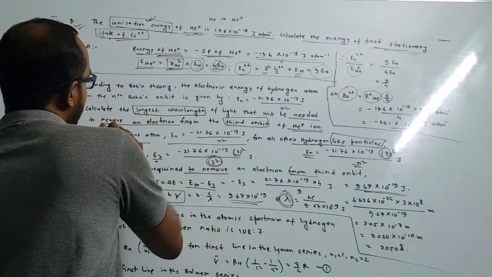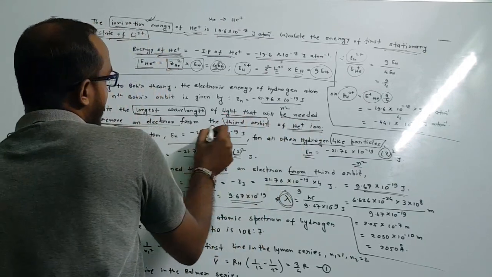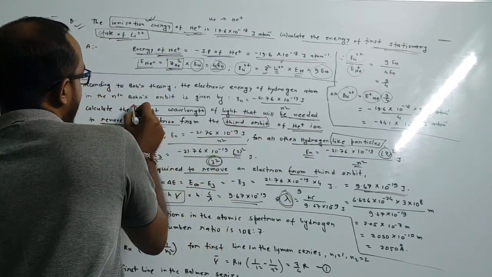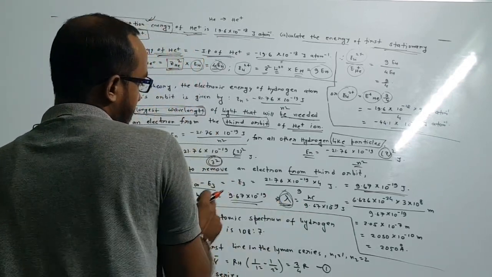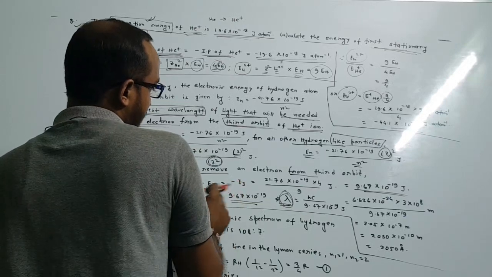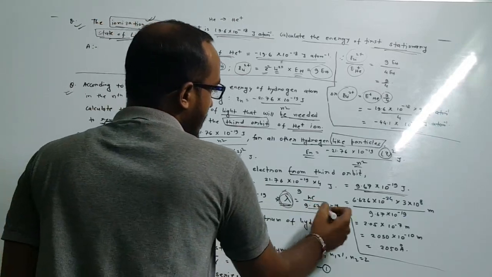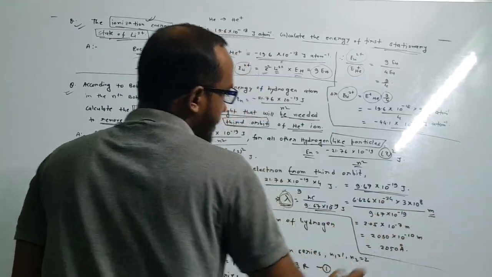Let's see the question: calculate the lowest wavelength of light needed to remove an electron from the third orbit of the ion. So what would be the wavelength? Cross multiply, lambda equals hc by 9.67 into 10 to the minus 19 joule. Put the values, you will get the answer in meter.